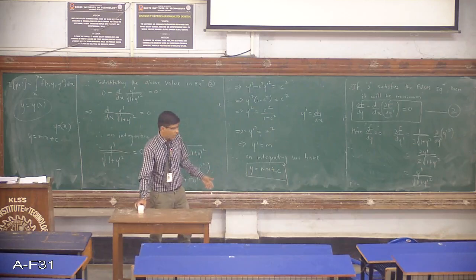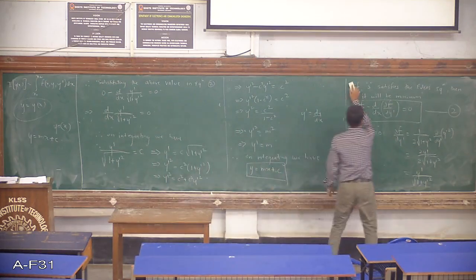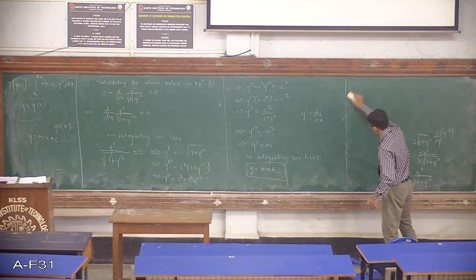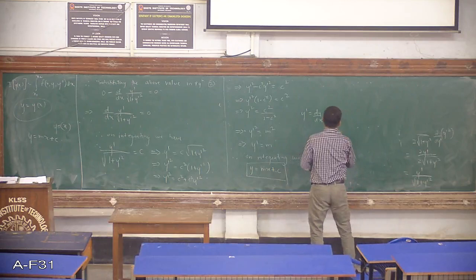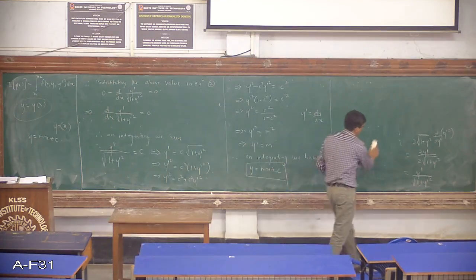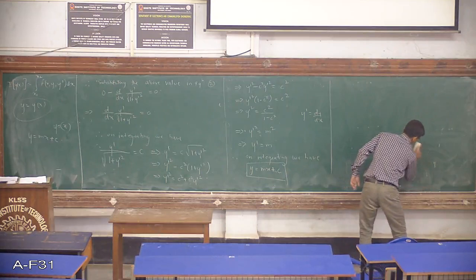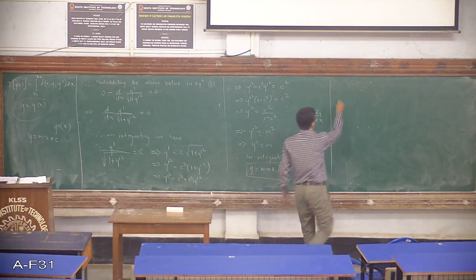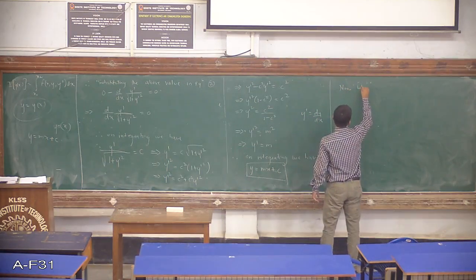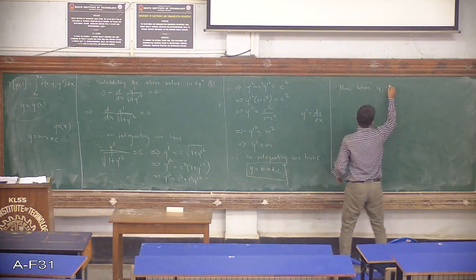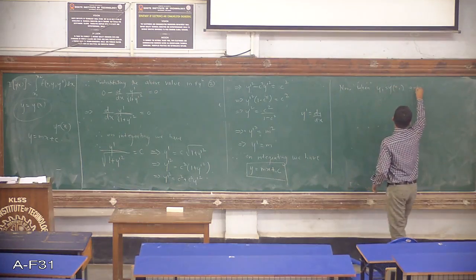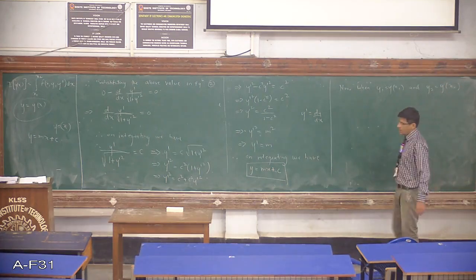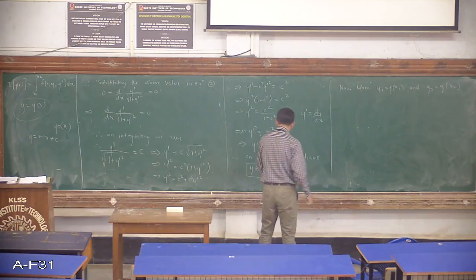Now, in another way, if you have been given some points, y1 is equal to y of x1 and y2 is equal to y of x2. There is also one more method.